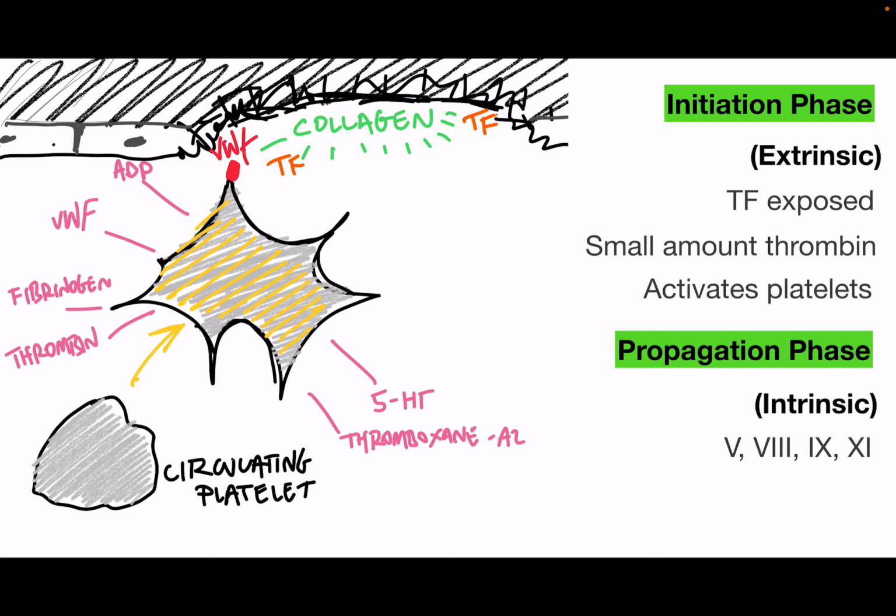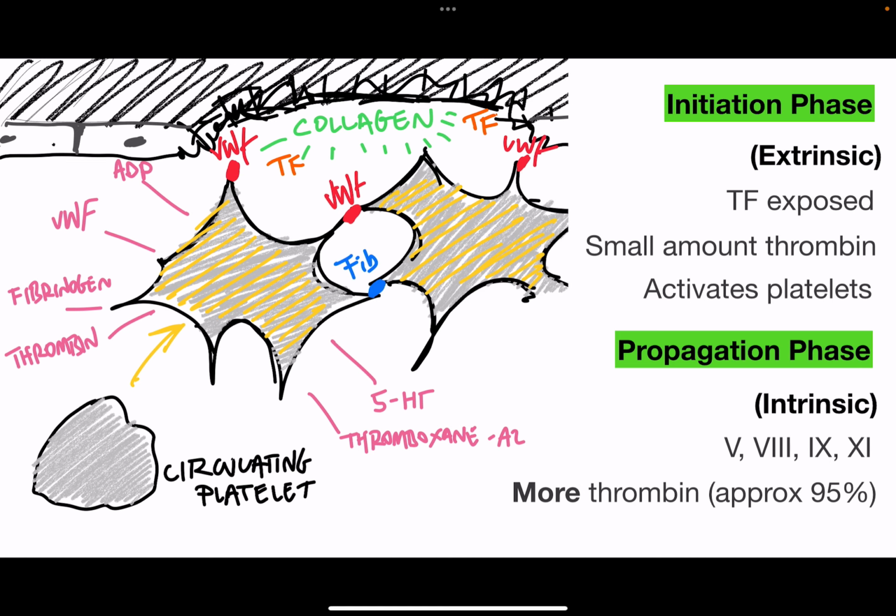And remember that's because thrombin has a positive feedback which propagates through the intrinsic pathway. And so now that positive feedback amplifies and there's more thrombin produced, makes up about 95% of this whole process. And then you get just this propagation that continues and you hopefully end up with a nice strong clot.